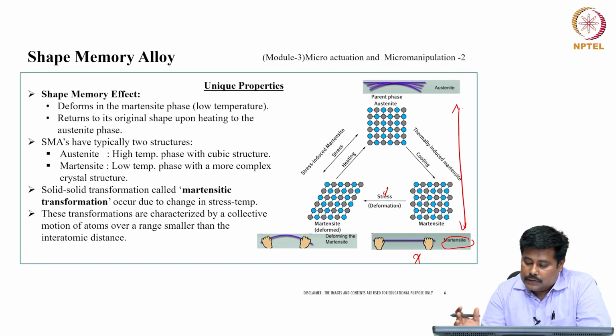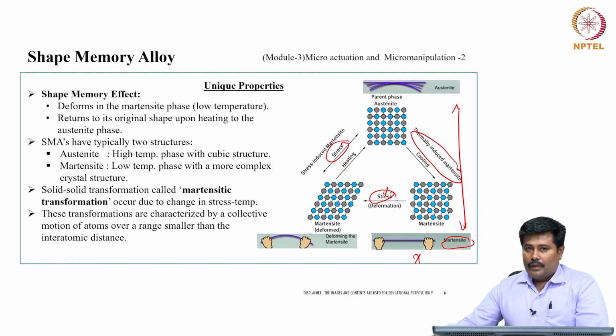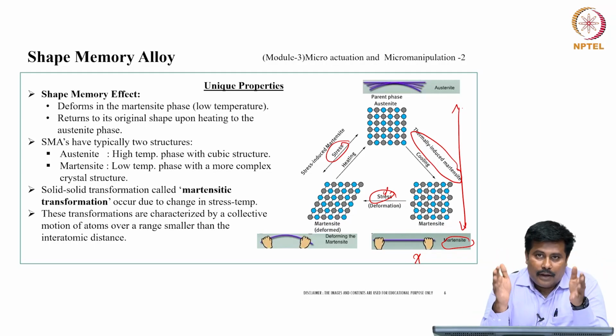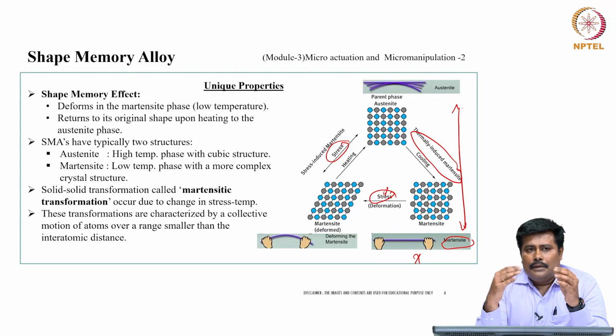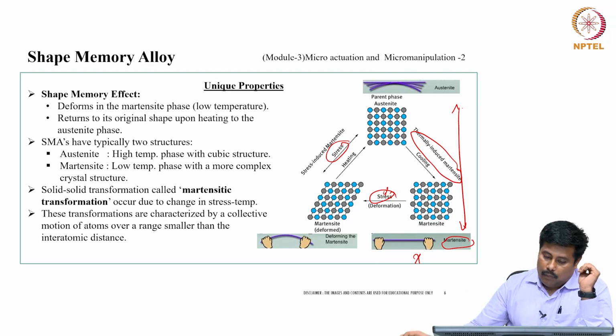If you closely observe, the overall characteristics involve stress, a thermally induced martensite, and again a stress. So it is a kind of thermomechanical effect, like a thermal effect and a mechanical effect separately being induced into it to get the required transformation and the required actuation we are looking for.